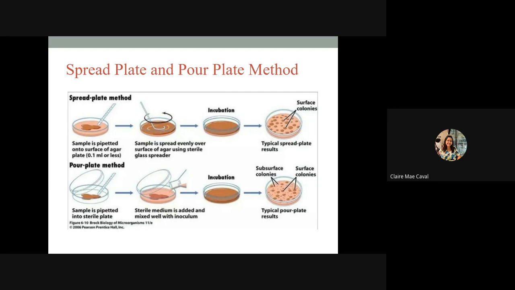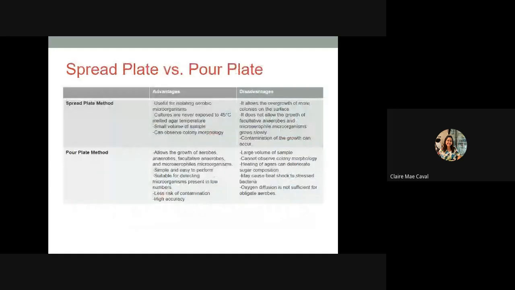Once it's solidified, you incubate again at 35 degrees Celsius for 48 hours in an inverted position. And after the incubation, you'll be able to observe subsurface colonies and surface colonies. Okay? So, your spread plate and pour plate methods have their own advantages and disadvantages.